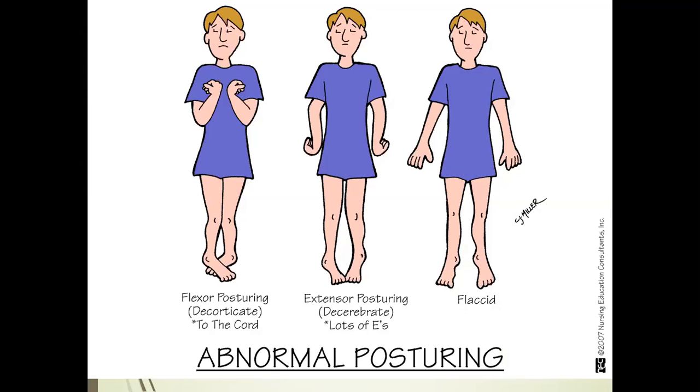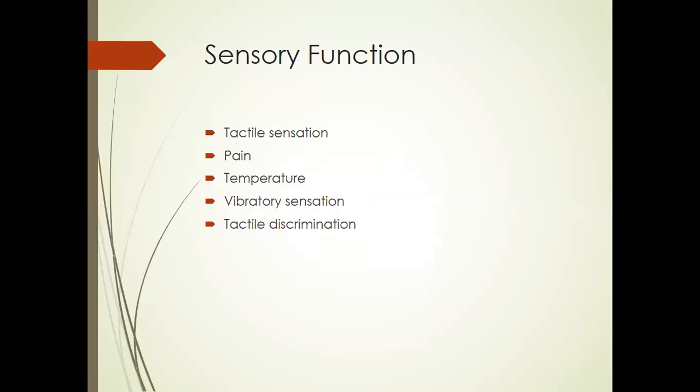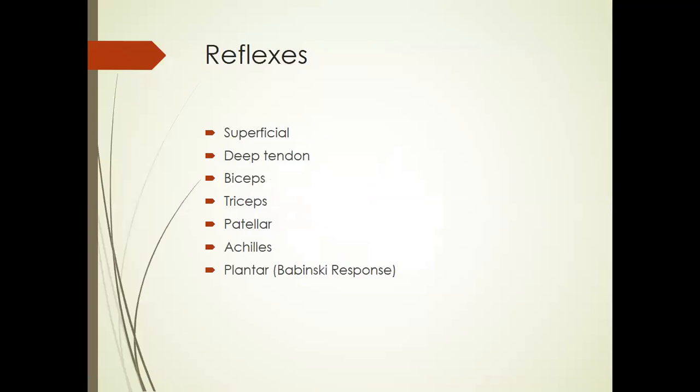Now we are moving on to flaccid. Flaccid means no tone, and you can easily see in this picture the patient does not have any tone. Now, sensory function. Sensory function means tactile sensation, pain, temperature, vibratory sensation, and tactile discrimination.